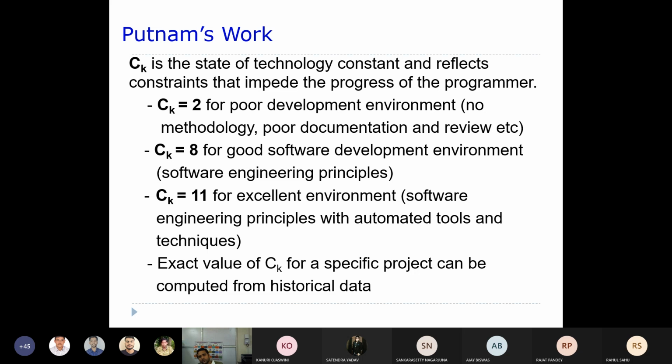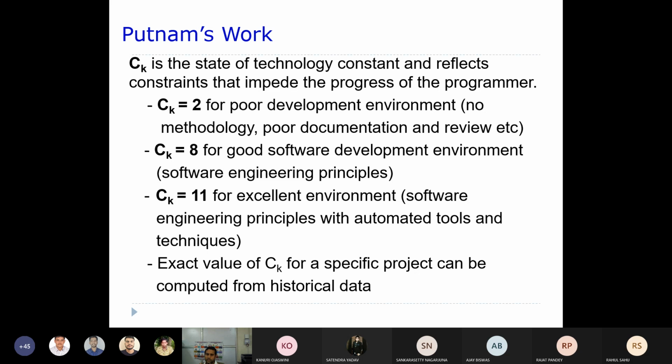So if you are not going through a proper development environment, what will happen? Usually the programmers who are going to develop the code for your software face a lot of difficulty. Ck is equal to 8 means a good software development environment. If you are following all software engineering principles, that means we are going through an appropriate methodology, we are creating documentation, we have progress reviews.